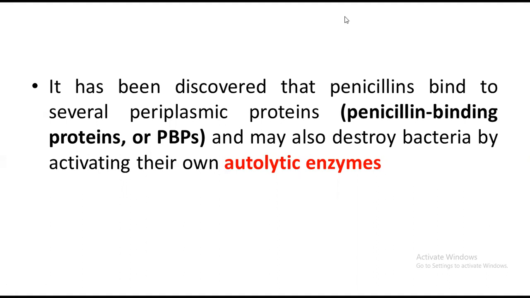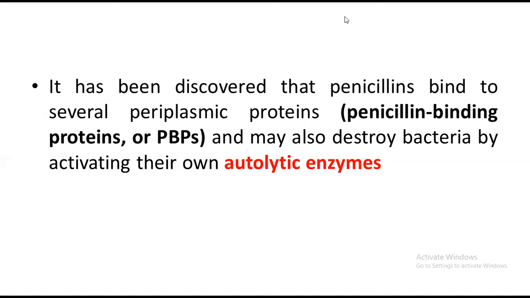Penicillin activates those autolytic enzymes. It does not mean that there is a certain stage in which the cell wants to die and it activates its enzymes. But when these enzymes are activated without any cause, they can also kill the cell.